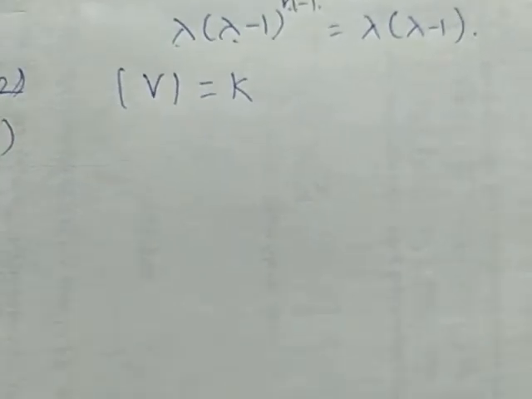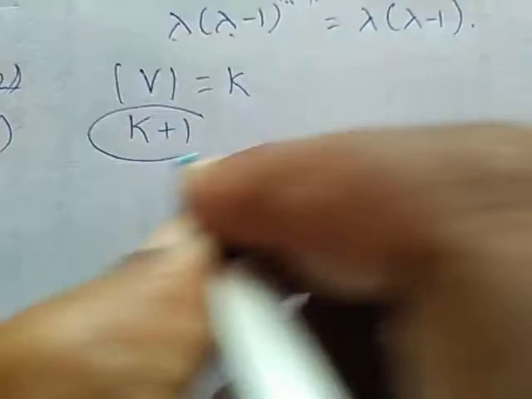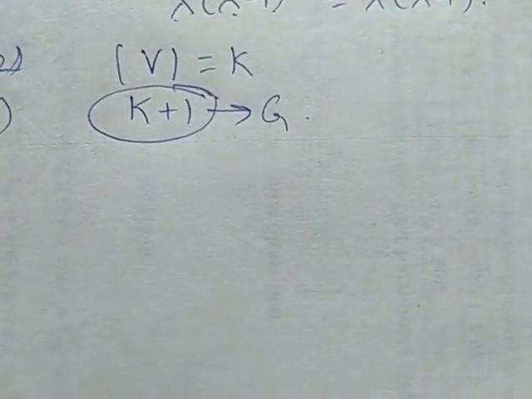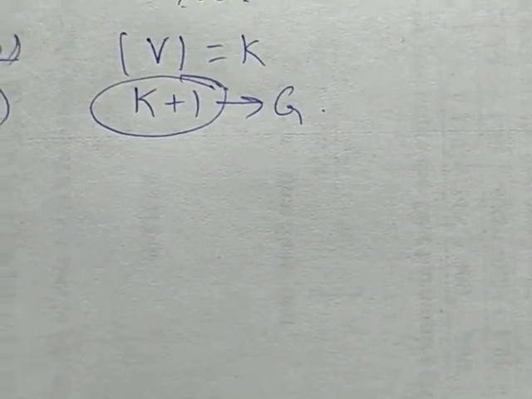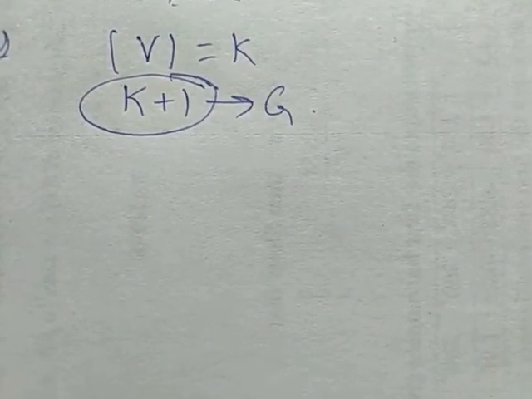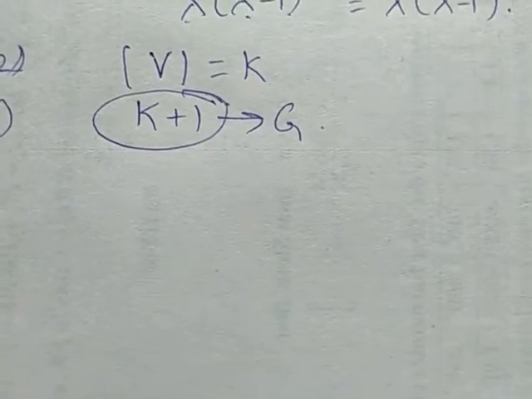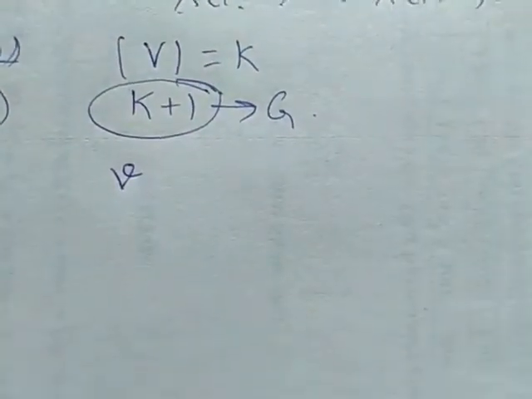So since it is a tree, now we are going to consider a graph with k plus 1 vertices. Since it is a tree, obviously it will be having pendant vertices, right? So we are going to remove one such pendant vertex from the graph. Let V be a pendant vertex.